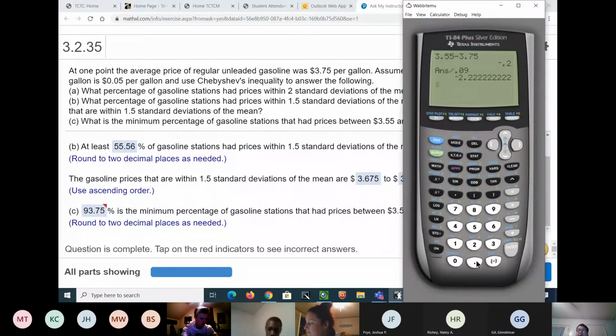Let me do the other one. 3.95 minus 3.75 divided by, yes, same thing. I don't know how they're getting that.